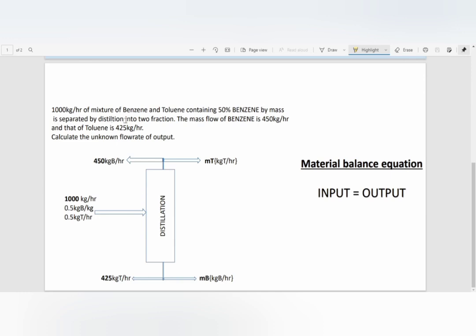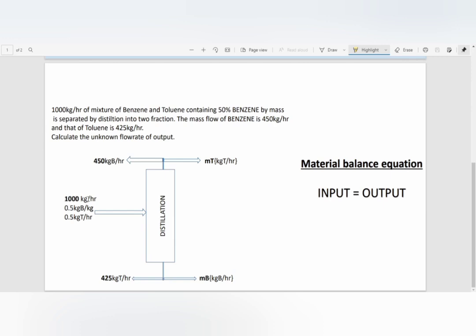The inlet has two fractions, 0.5 benzene and 0.5 toluene, because only two components, benzene and toluene, are mentioned in the problem.